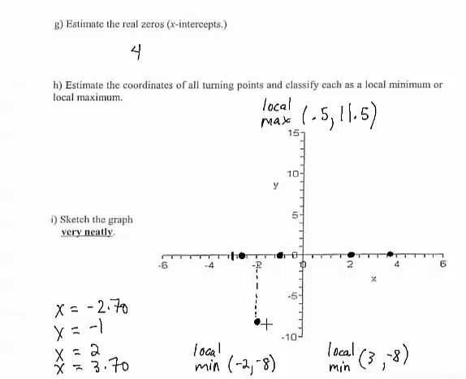So wherever those x and y coordinates intersect, and then we have -8 again for the second local minimum, and we drop down from x equals 3 in between 2 and 4. We'll plot that point. We will plot our local max at 0.5.